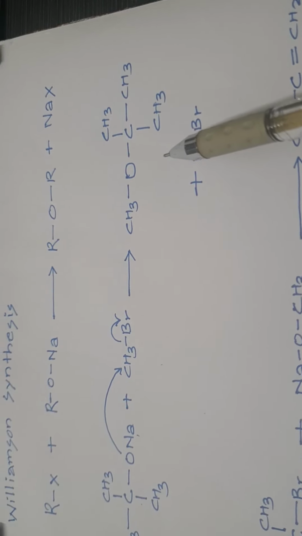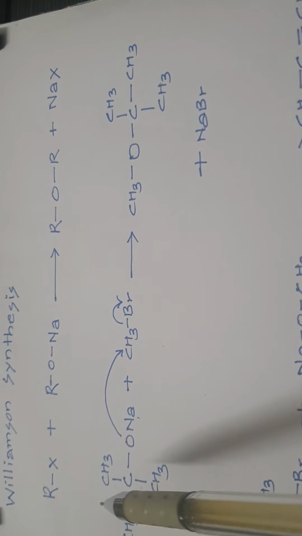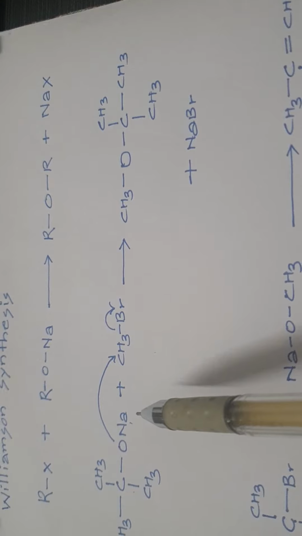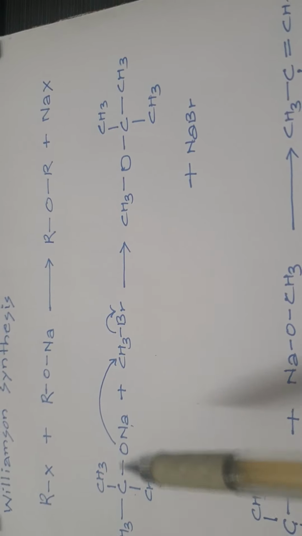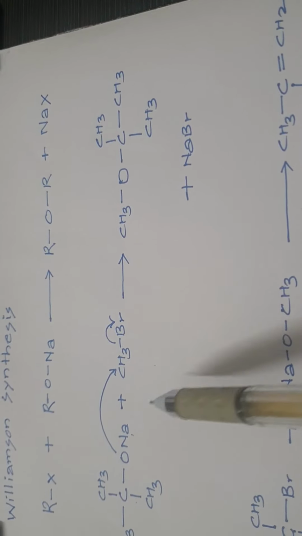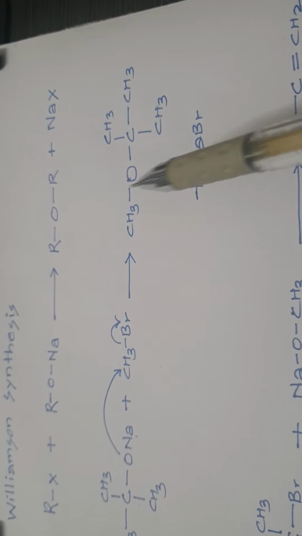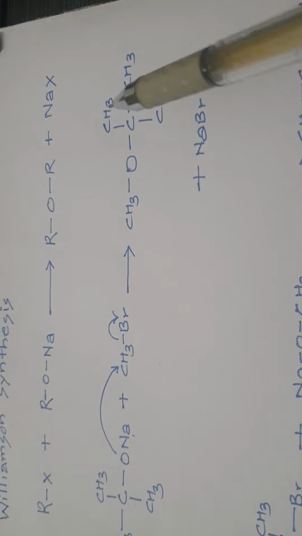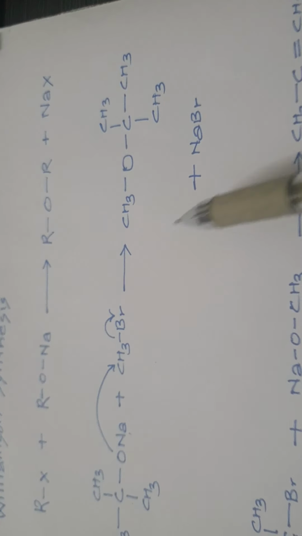Look at it. In this particular case, I am having the tertiary part coming from the sodium alkoxide part, and the primary group over here is coming from the alkyl halide part, thus giving us ether as our product.